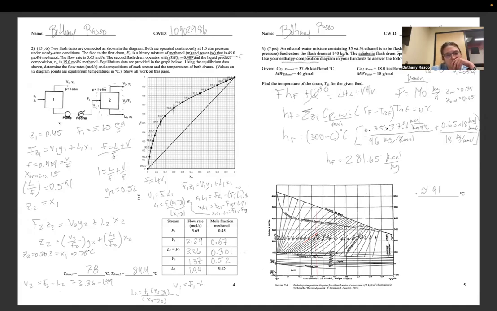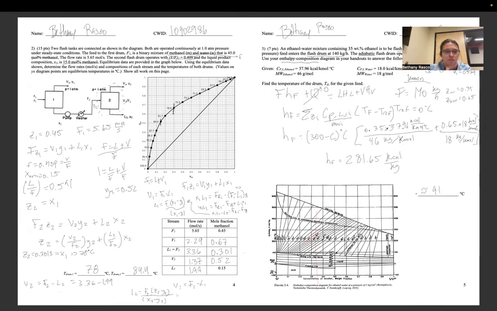And then once you solve one thing, you can get your other one. So like z2 equals x1. And once you solve for that, which I solved for down here, it was 0.3. I looked at it and I went up to the line and it was 78.